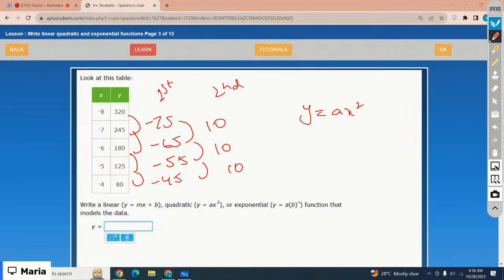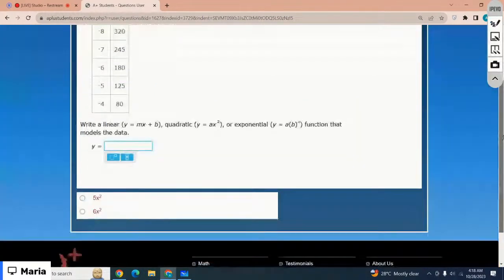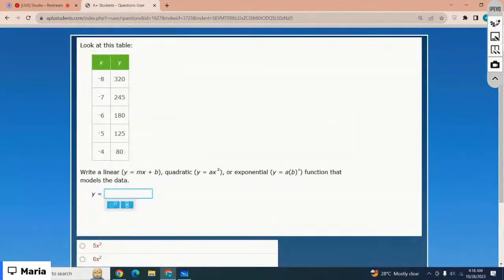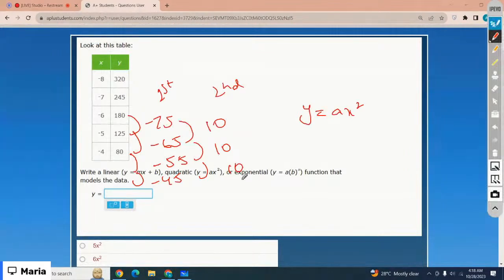So, okay, just put any pair of values here and calculate the value of a, right? I'm going to put this one: 320 equals a times negative 8 square. 8 square is 64, so a equals 320 over 64.